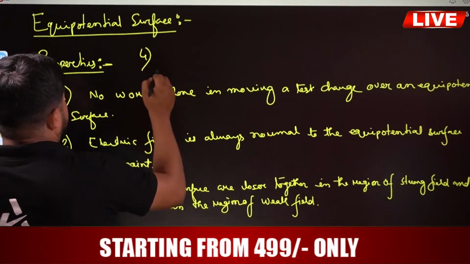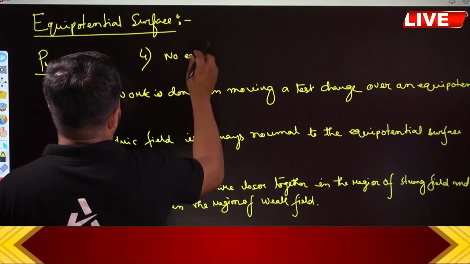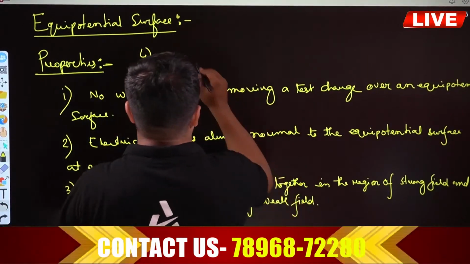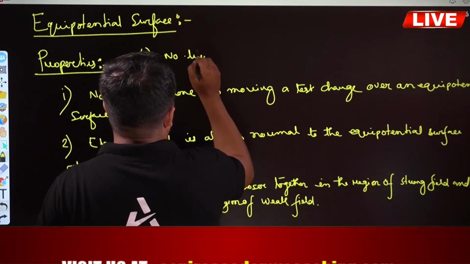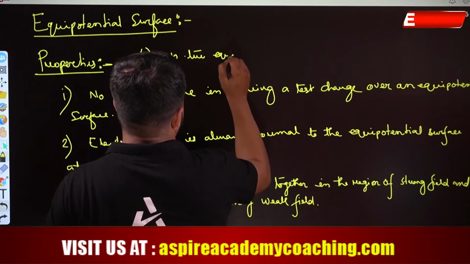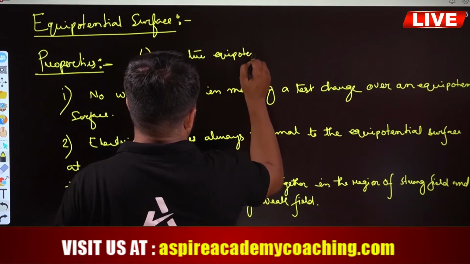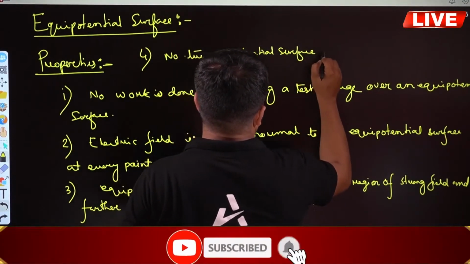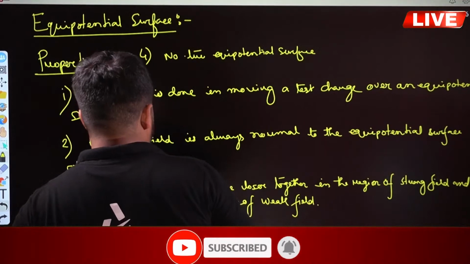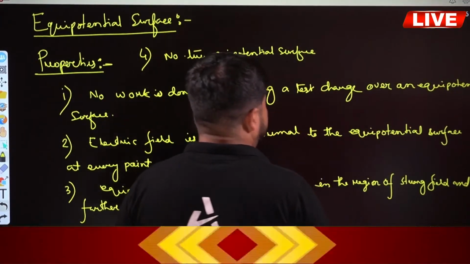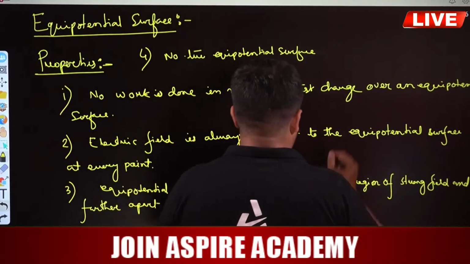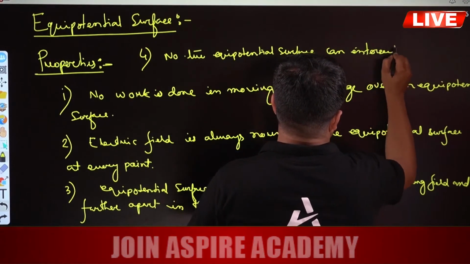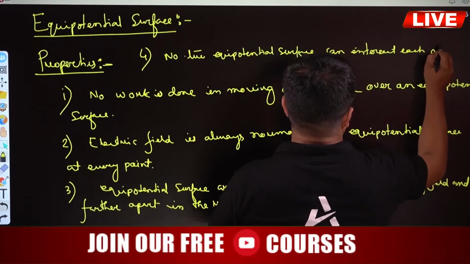Next, fourth point is what? No two equipotential surfaces can intersect each other.